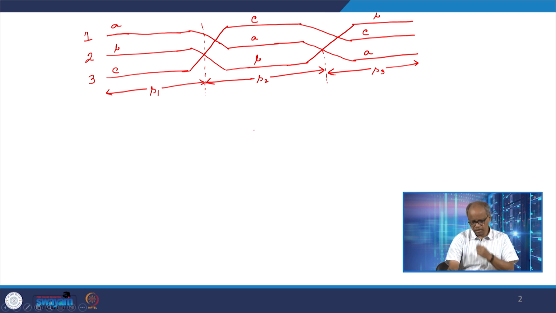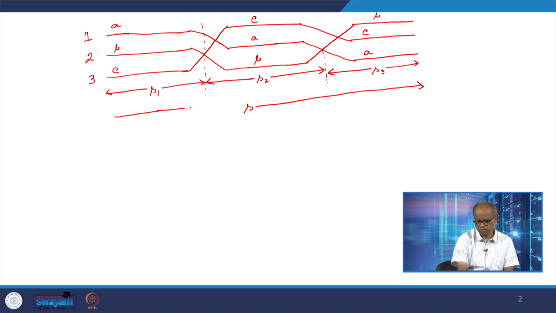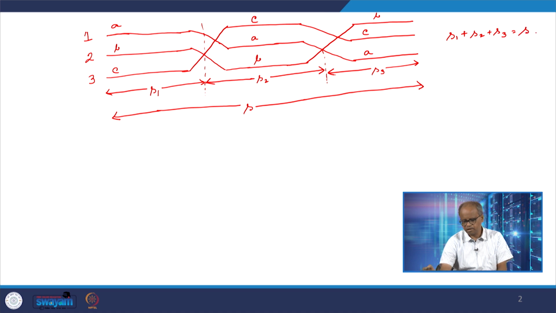Now, of course, the total length of the line is S. And indeed, this relation holds good: S1 plus S2 plus S3 is equal to S.